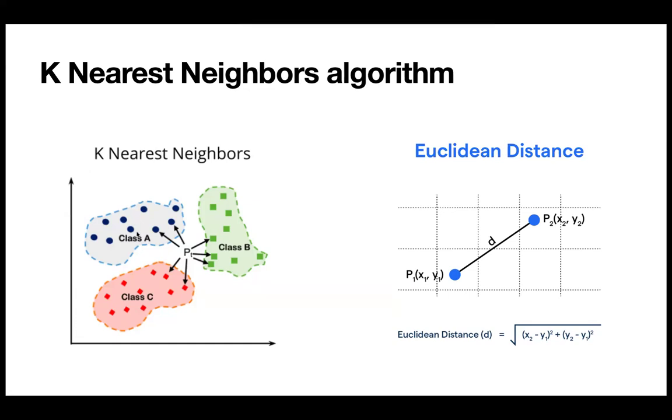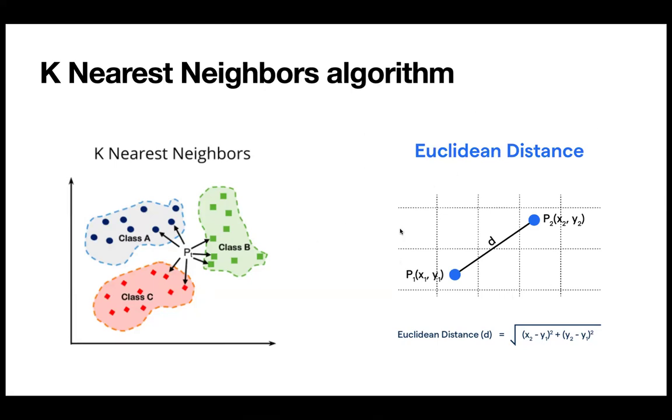The algorithm picks a point somewhere in the middle of the group, and the k nearest neighbors will be that group. So here k is the parameter that is equal to 9. So there are 9 pieces in each class.